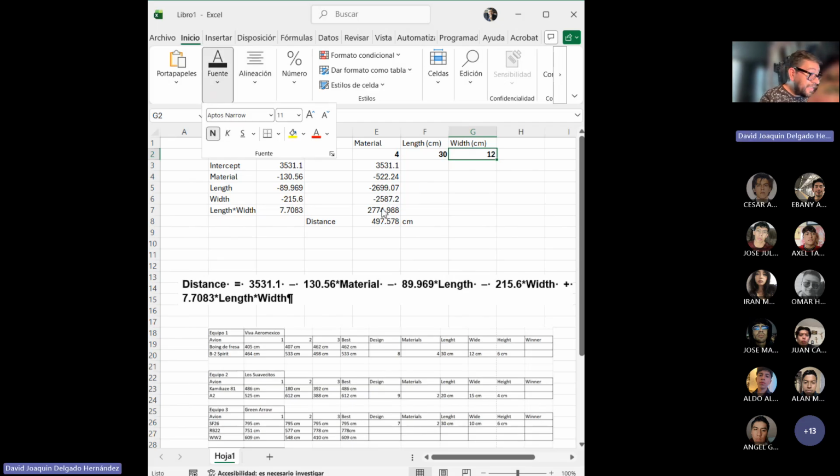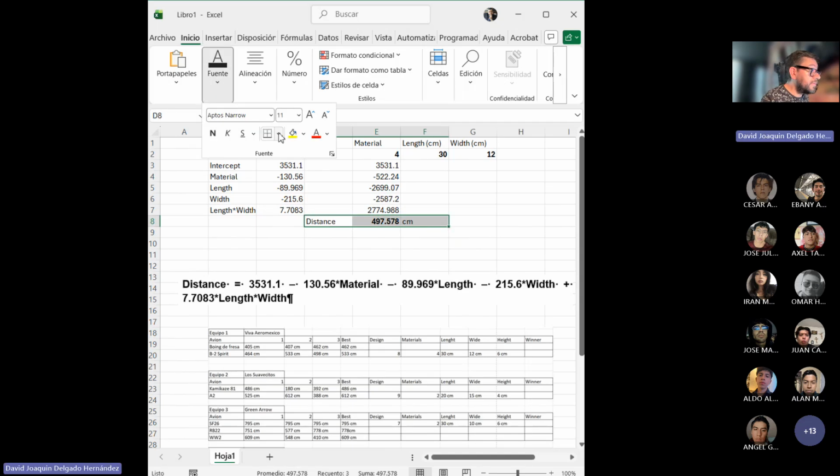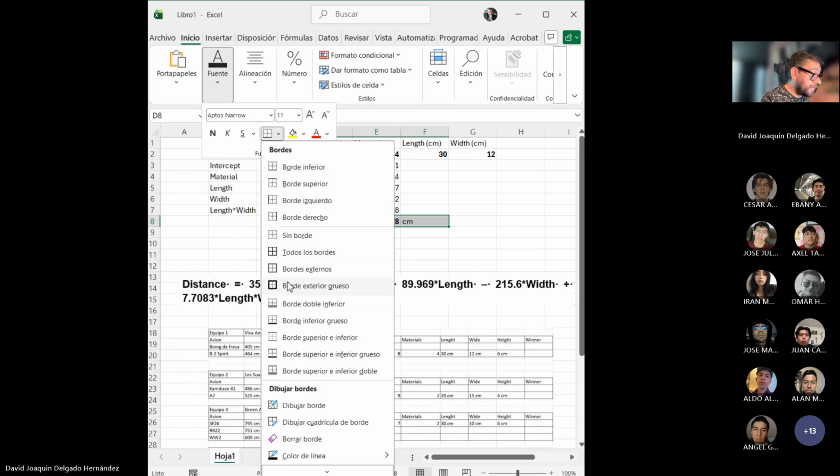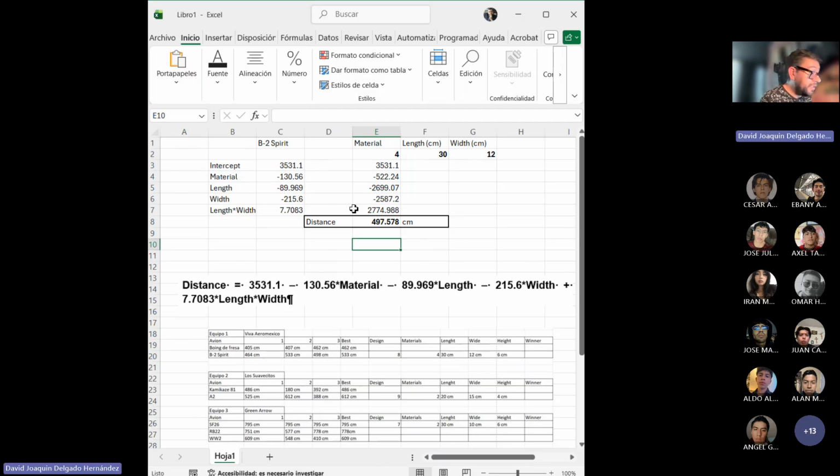With this data, the predicted distance, I am going to put it here in black, and this is the distance. So the distance is 497 centimeters.